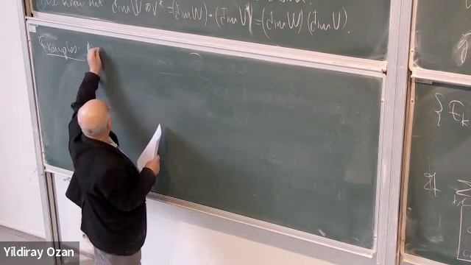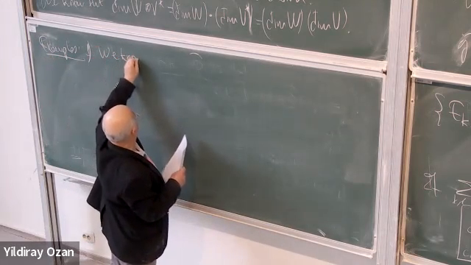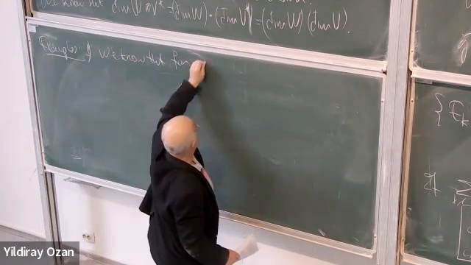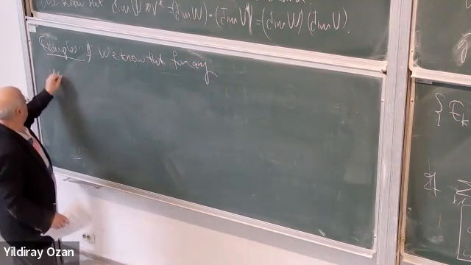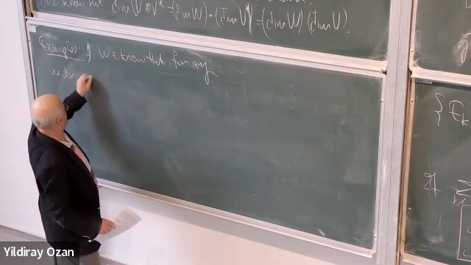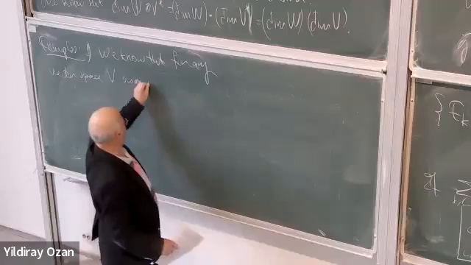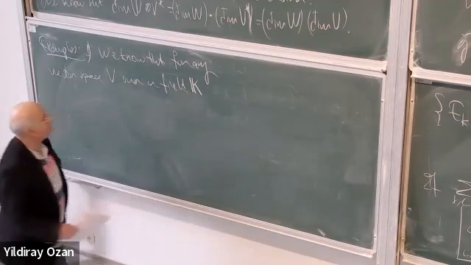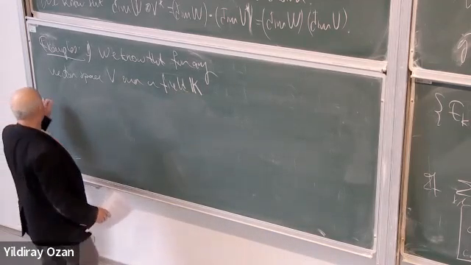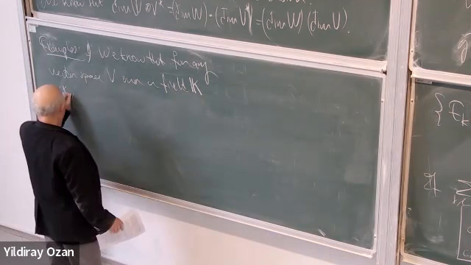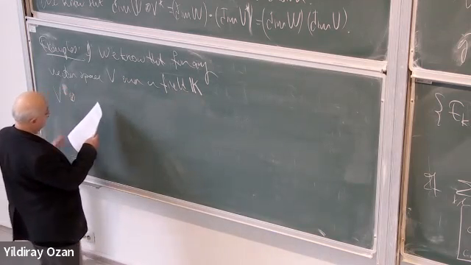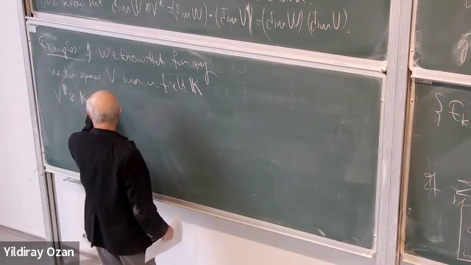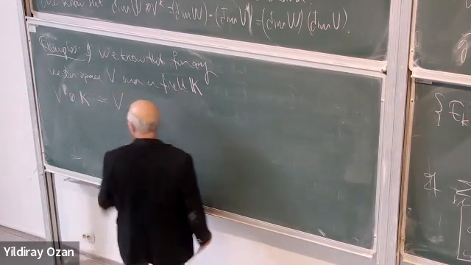Okay, we know that for any vector space V or here K, this tensor product V tensor K is canonically isomorphic.